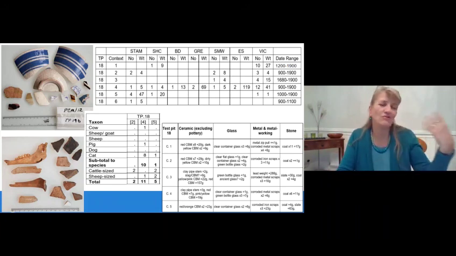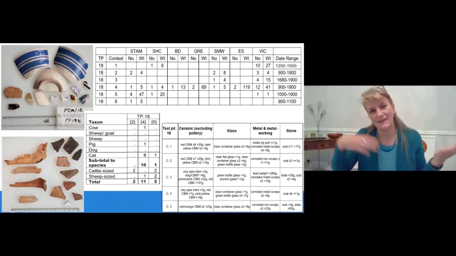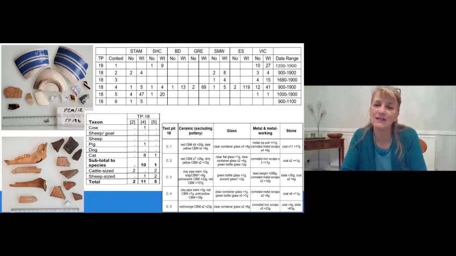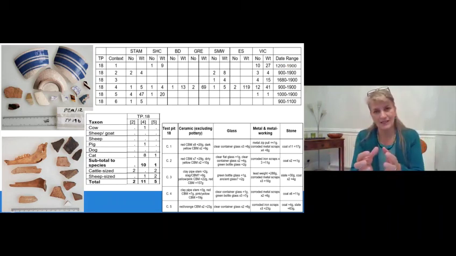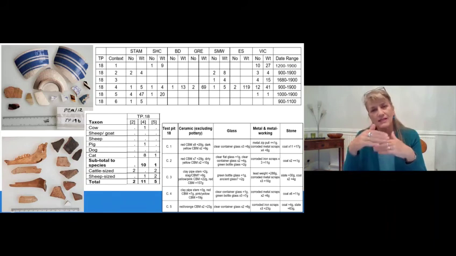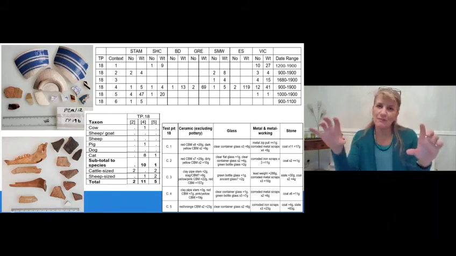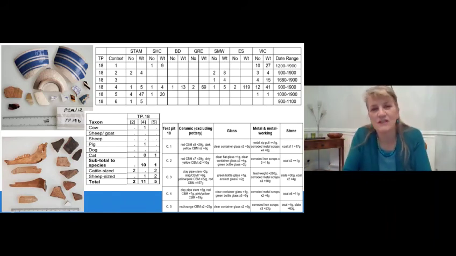They'll send their pottery off to a specialist to be identified, they'll send their animal bone off to a specialist to be identified, they'll go through all the other finds, identify them, send them off to specialists if they need to be worked on, and then they'll compile all of that evidence together so that they can understand each context, each separate bit of the soil where the finds have come from.